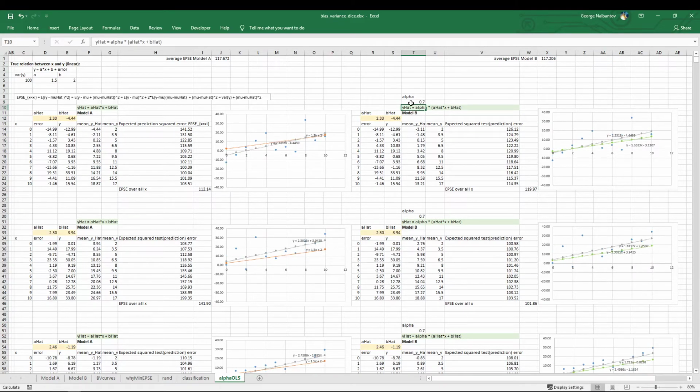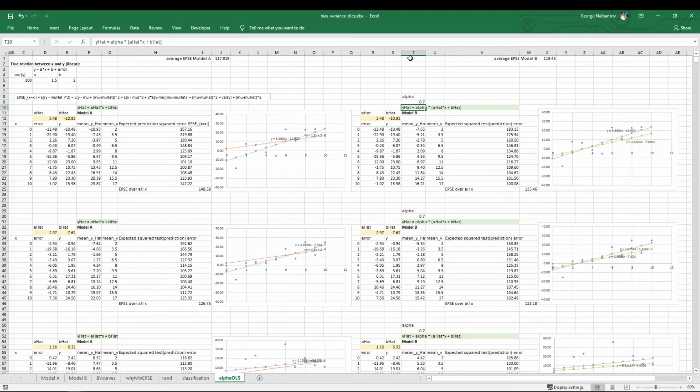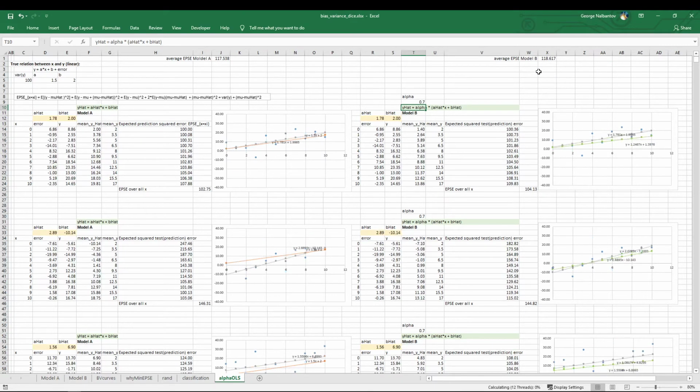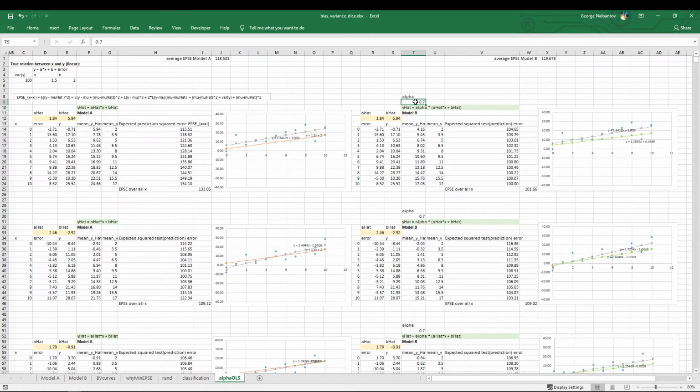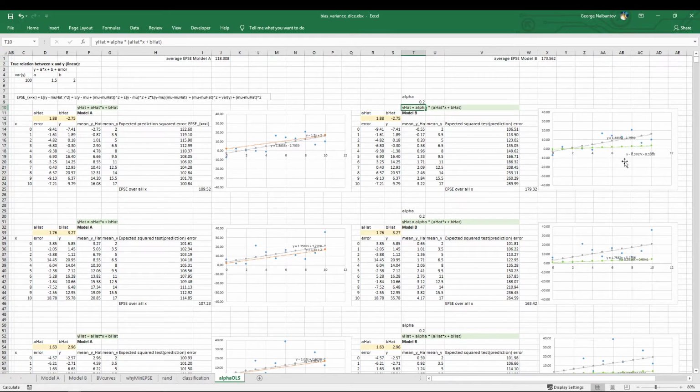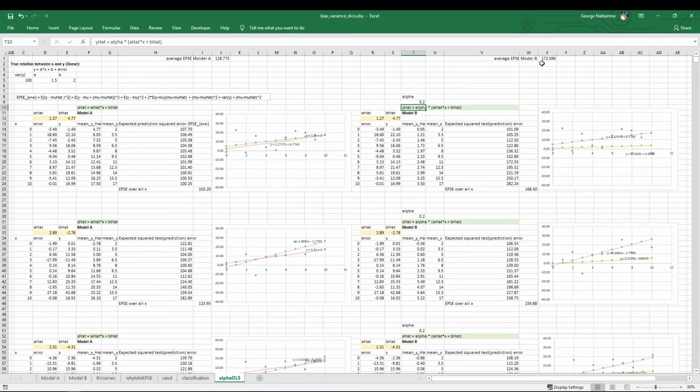We make the line flatter and flatter. At 0.7 we have more or less the same results, or OLS is starting to get a little bit better. At 0.2, it's a flat line, and we have a very big error now. So what was optimal? Maybe around 0.9.